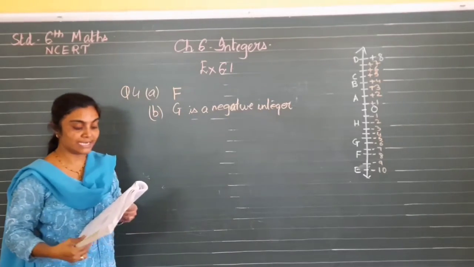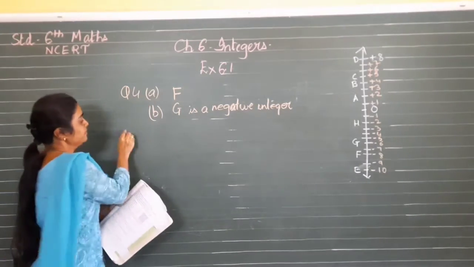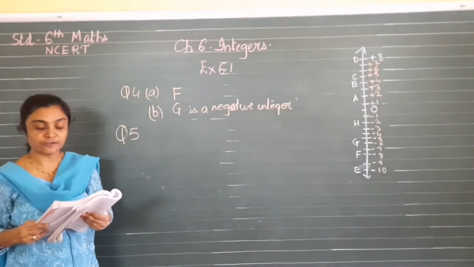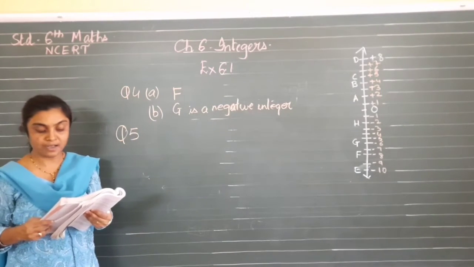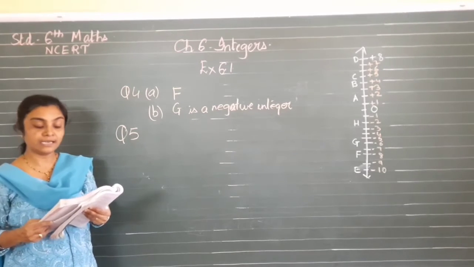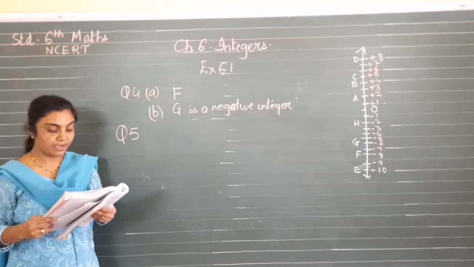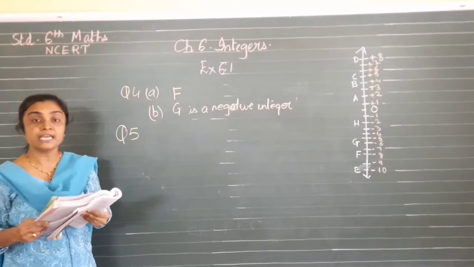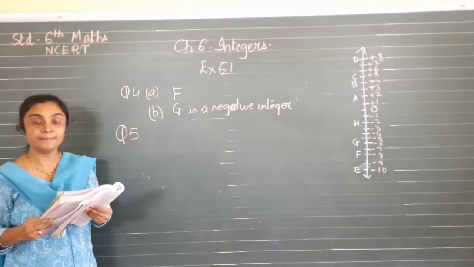Now let us move to the next question, number 5. Following is the list of temperatures of 5 places in India on a particular day of the year. Places are given, the temperatures are given. First question is, write the temperatures of these places in the form of integers in the blank columns.